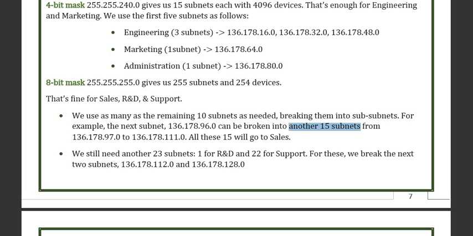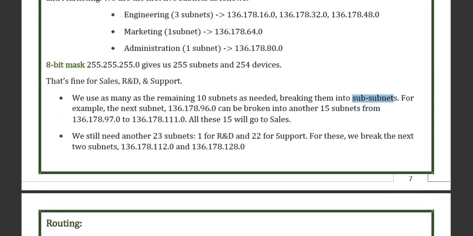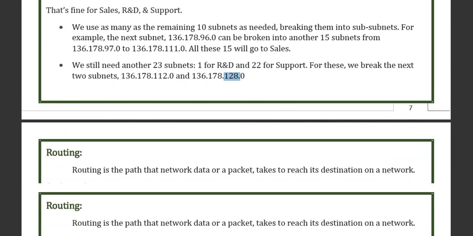That's the reason we call them subnets of subnets. We still need 23 subnets, 1 for R&D and 22 for support. For this reason we break the next one, 112, which is right after 111, and then the next subnet is 128.